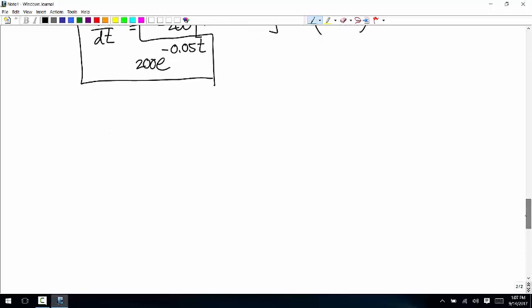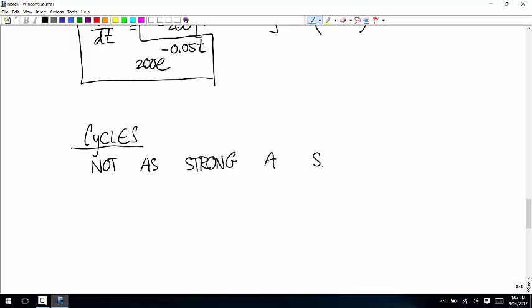And then the last thing I want to say before we go on to a new topic is, just really briefly, I want to mention this idea of cycles. It's going to end up being a big thing. A cycle you can think of as not as strong a statement as steady state.